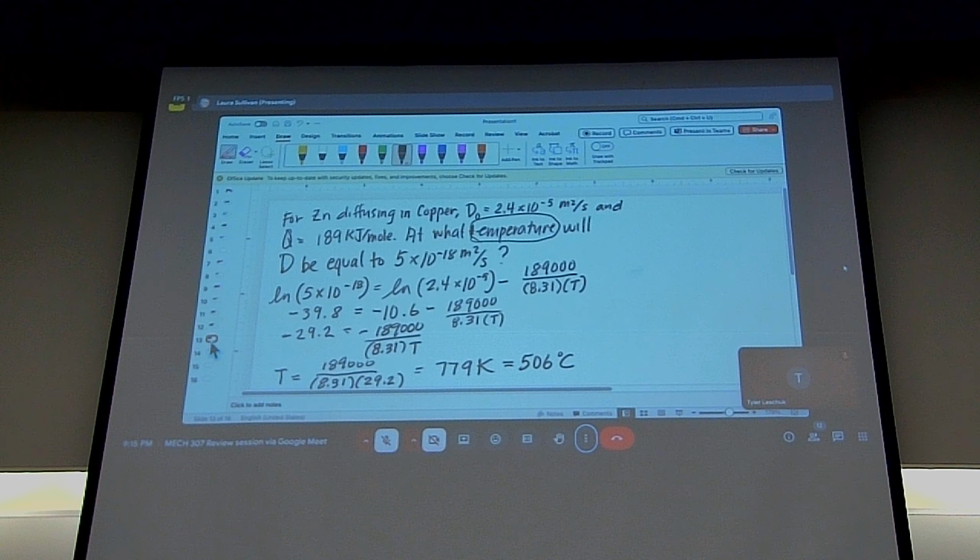Oh, okay, that's what I was worried about, thank you. The topics end with last Monday's class, D versus temperature. But there's nothing with error function on this test. Okay, that's sweet, thank you.